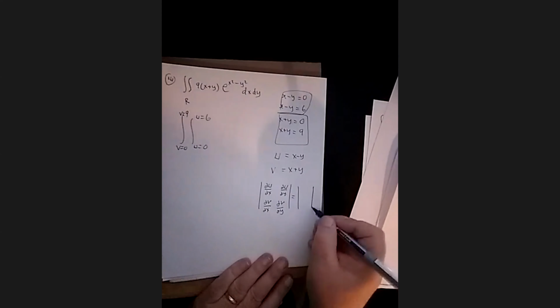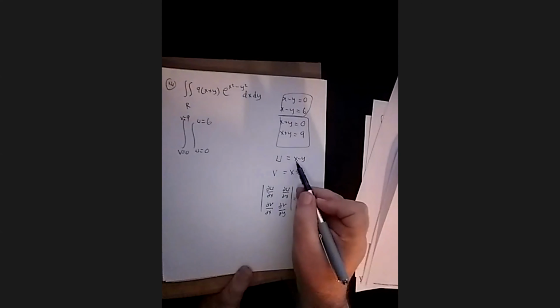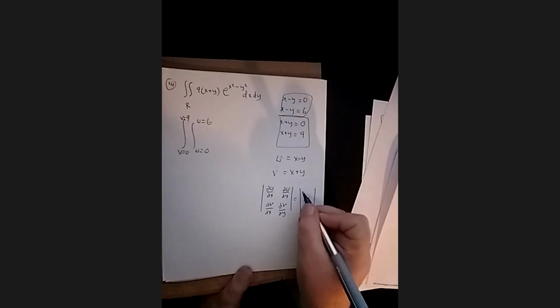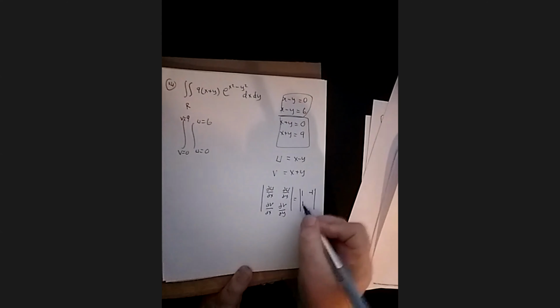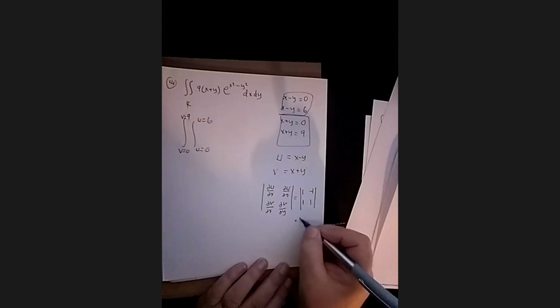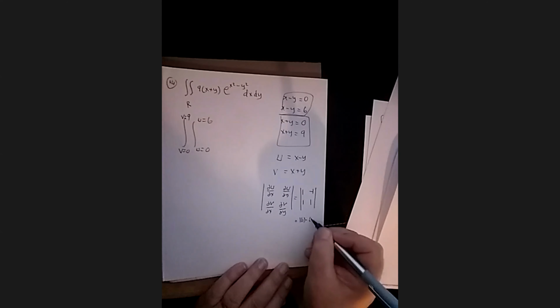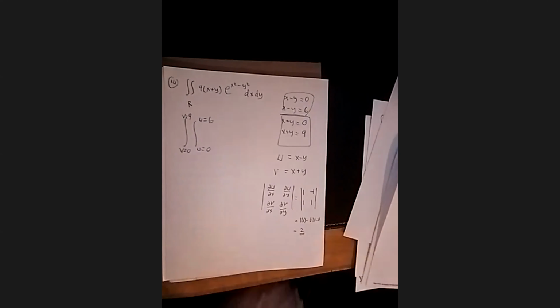This is scary because it's so easy I'm going to screw up. If you differentiate this with respect to x, you get 1. And this guy, you get -1. This guy, you get 1. This guy, you get 1. The major diagonal is 1 times 1, take away 1 times -1. The answer is 2.